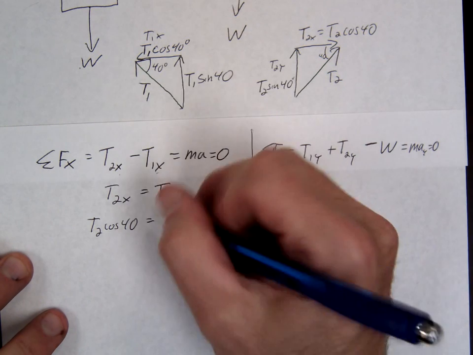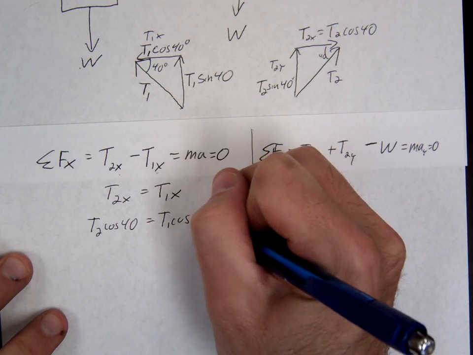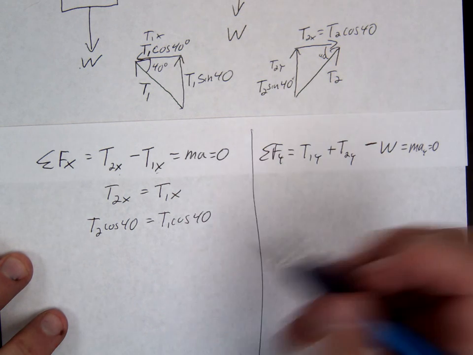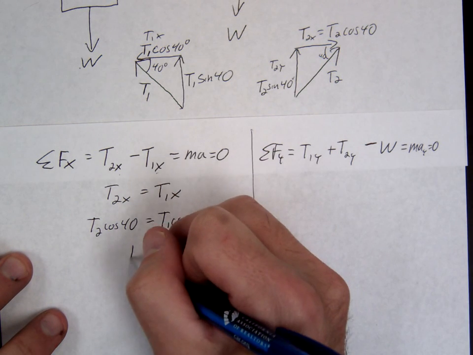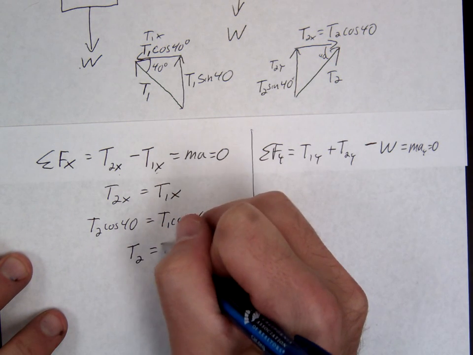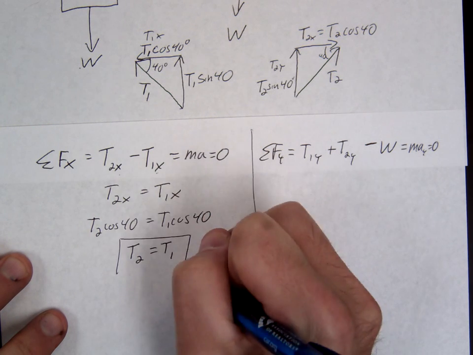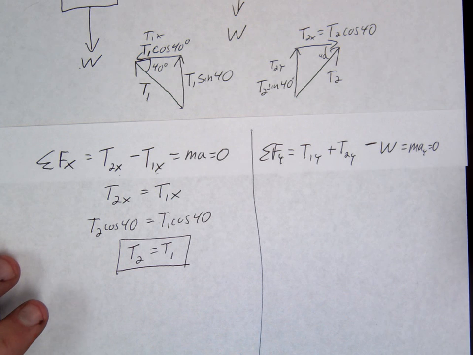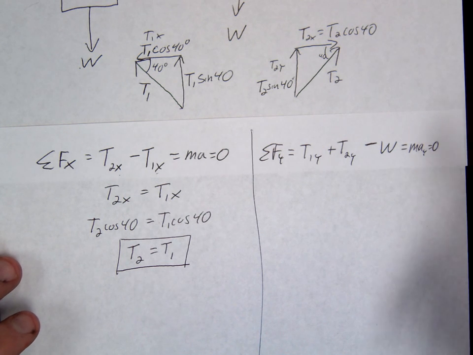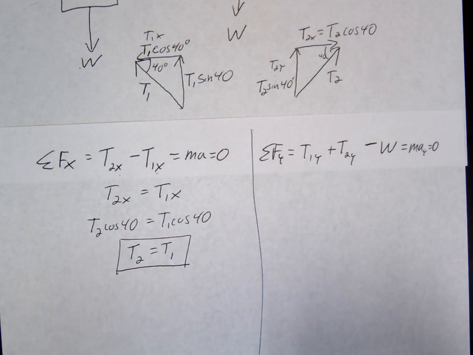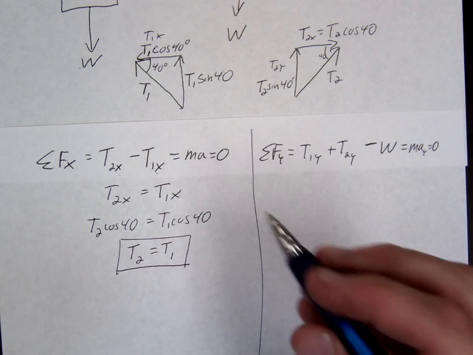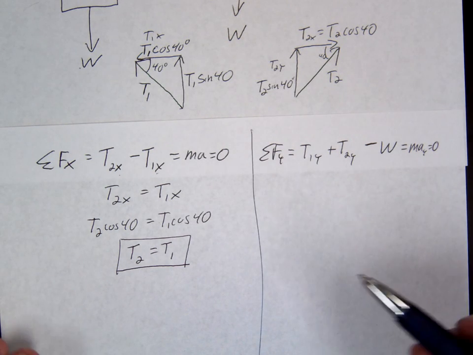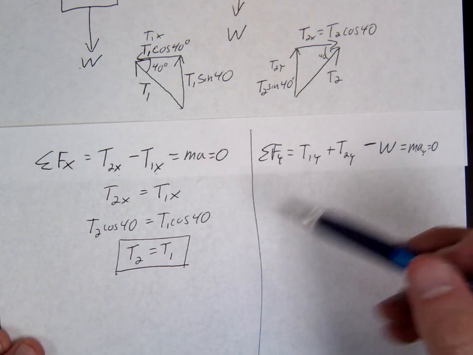That was T1 cosine. So notice this is nice. What does that tell us about the two tensions? They're equal. Now you probably could have predicted this ahead of time, okay? This will always happen when the angles are the same. So because it's 40-40, the two tensions are going to be equal to each other. When they're not the same angle, you can't make that assumption.